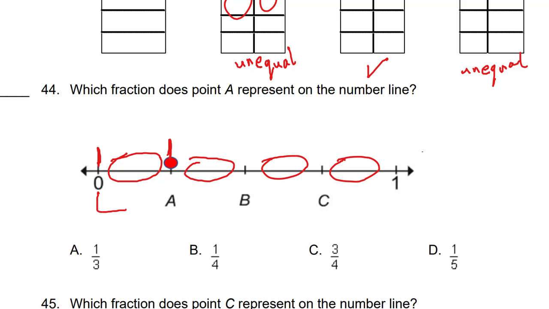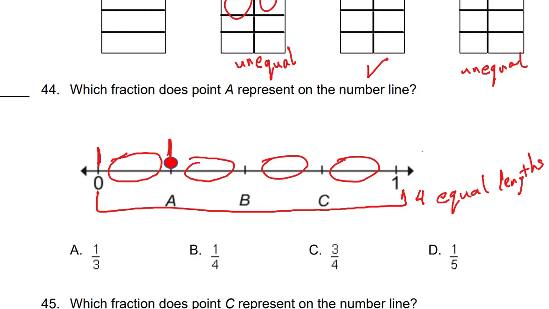So the distance from 0 to 1 is divided into 4 equal lengths. There are 4, so each one is 1/4.